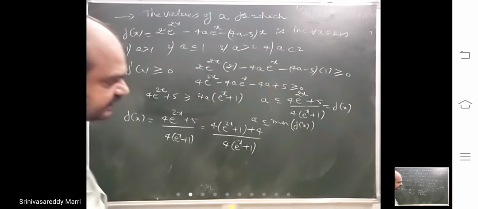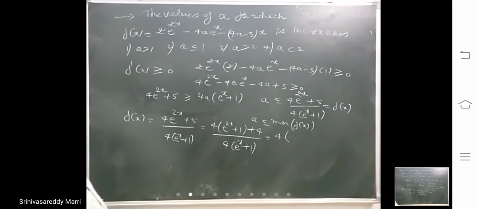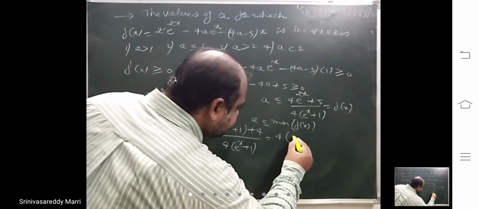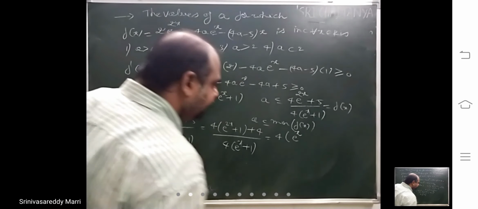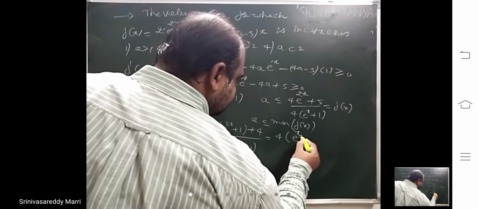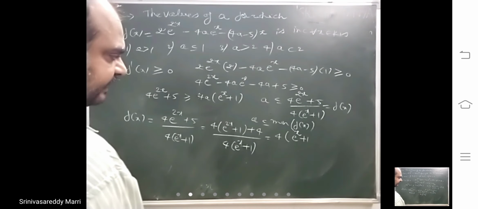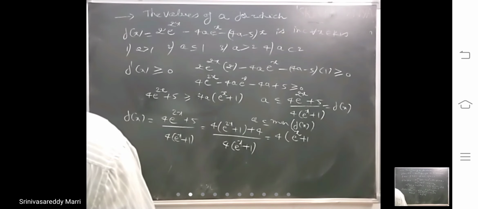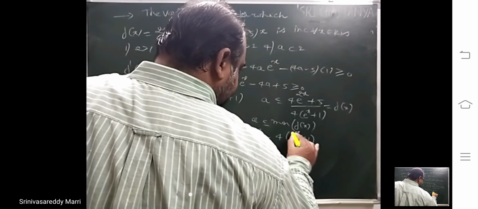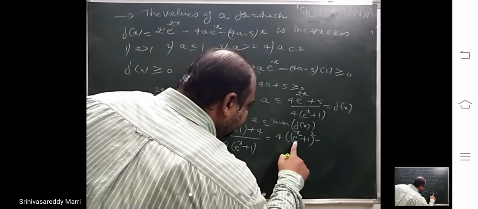very important logic. This time what I am writing is 4 into this, I am writing it as e power x plus 1 whole square. Look at the logic here. I have written a plus b whole square.